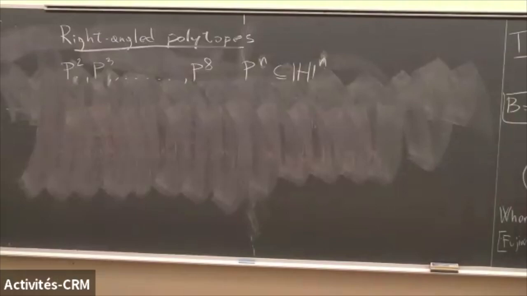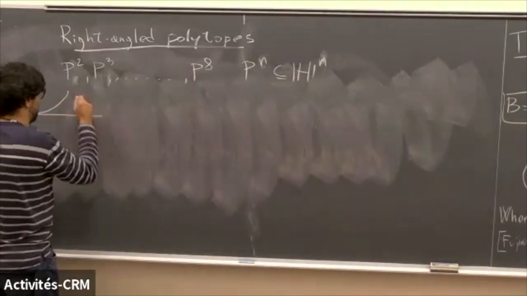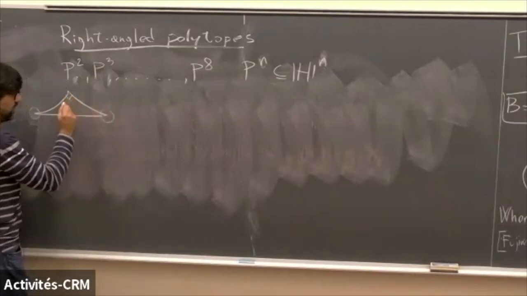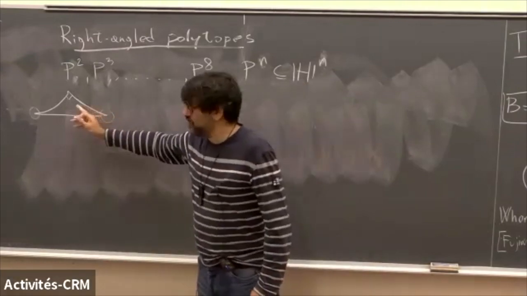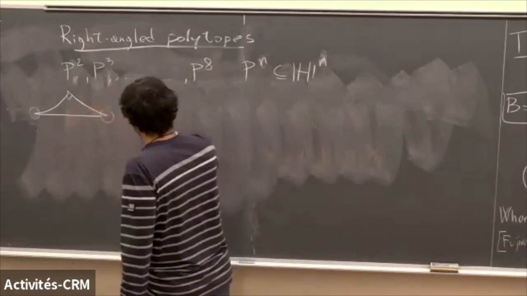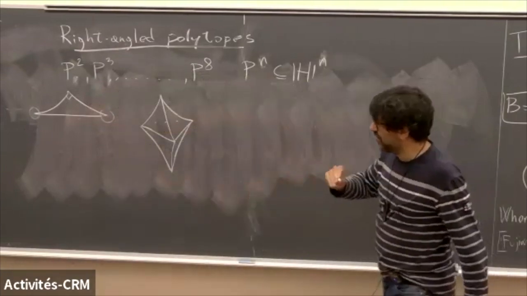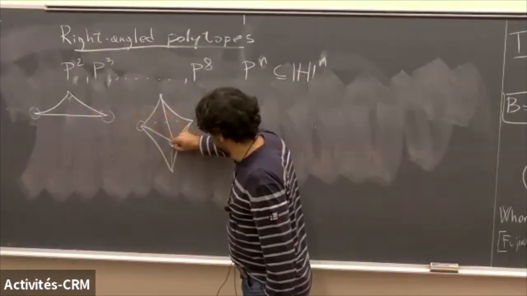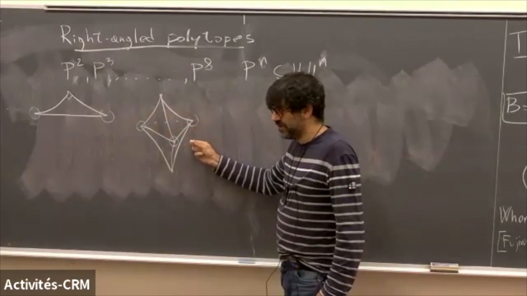So these are of this type. P2 is very easy to draw. It's just a triangle with 2 ideal vertices and 1 right-angle vertex. This is the smallest right-angled polygon in dimension 2. In dimension 3, you get this. This is a bipyramid where these are finite and these are ideal. This is also the simplest right-angled polyhedron in dimension 3.